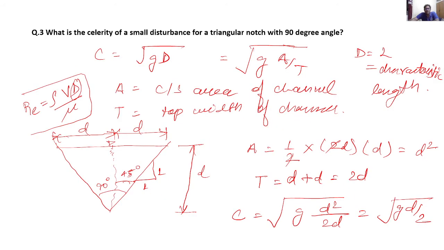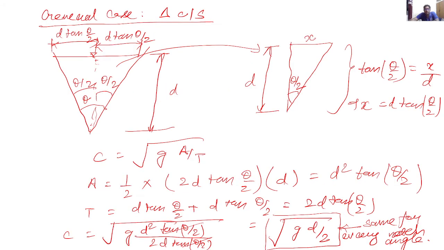The third question discussed was, first of all, using a case of 90-degree notch angle for a triangular notch, and how we would find out the celerity. We found that the celerity for that case would be square root of g d by 2, where small d is the depth of the flow. Then we also chose a general case to see how the notch angle would drive the celerity for a triangular cross sectional area.